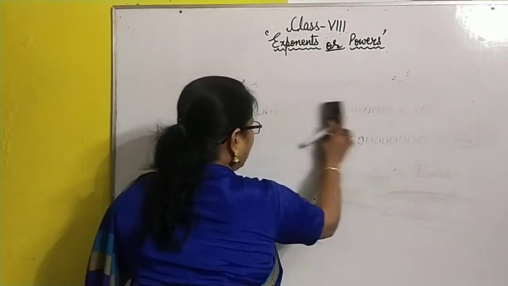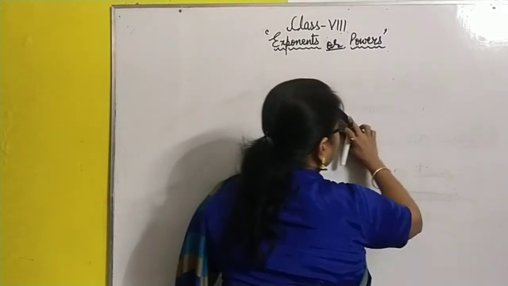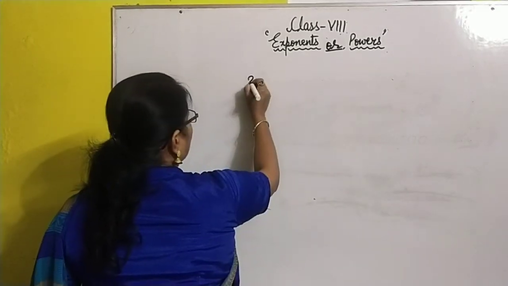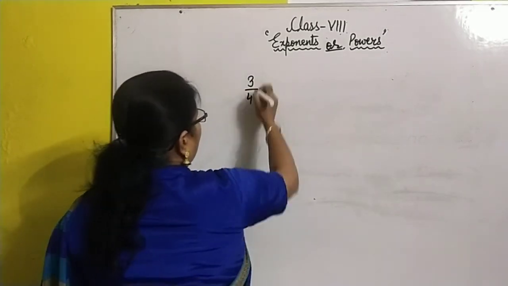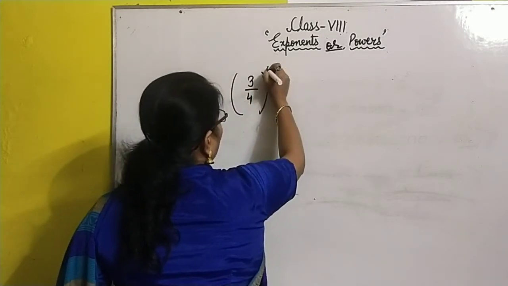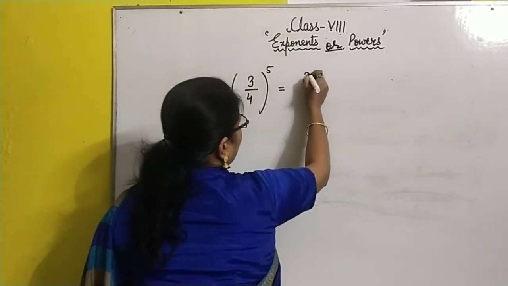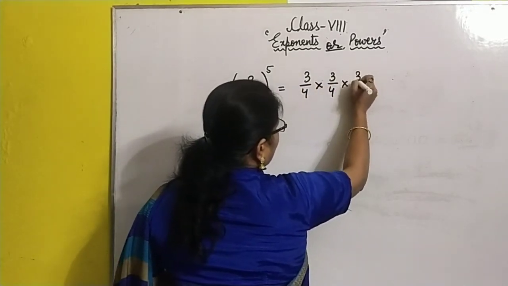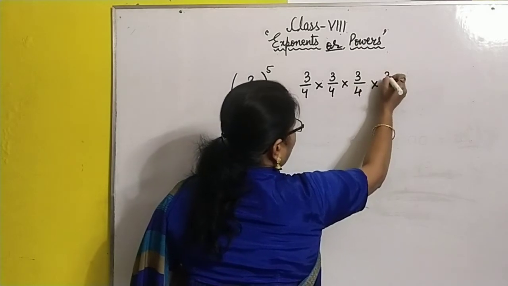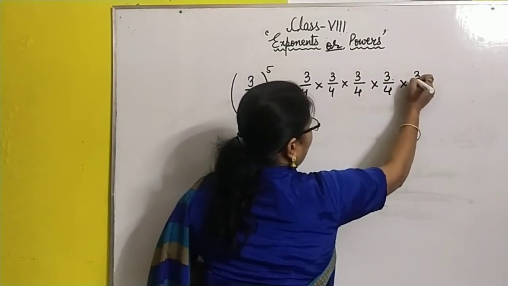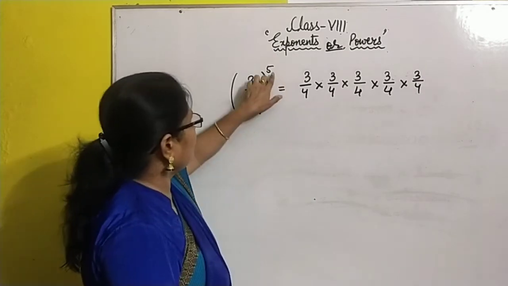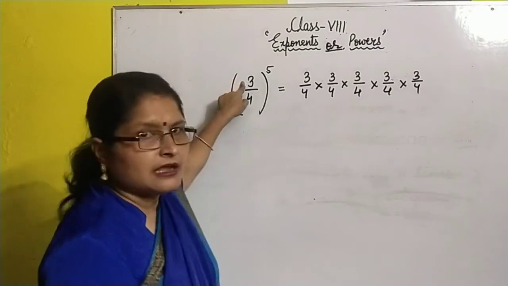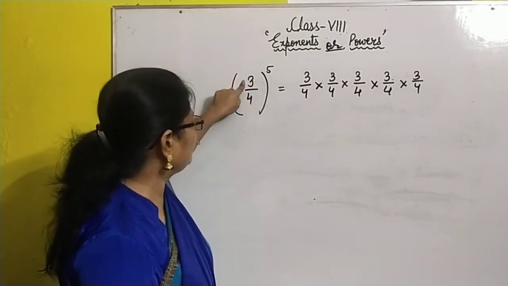Now I am taking a rational number, suppose 3 by 4, and I am writing 3 by 4 five times. You will write 3 by 4 into 3 by 4 into 3 by 4 into 3 by 4 into 3 by 4. It means that if the power is 5, you write the numerator 5 times and the denominator 5 times as well.